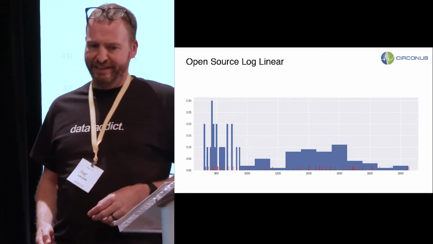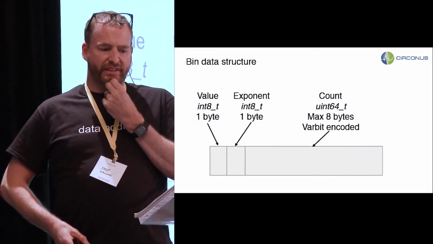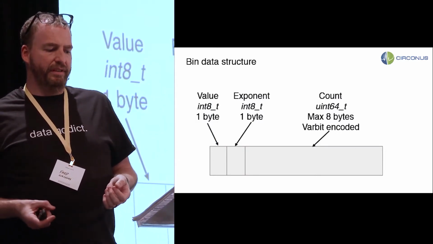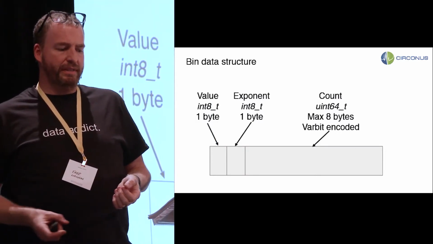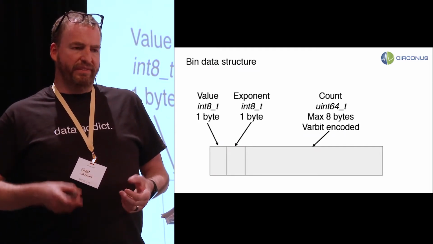So how do you put something like this into code? The way that we do it is, this is our bin data structure in both the C and Go code. It's got 3 components. We've got the value.